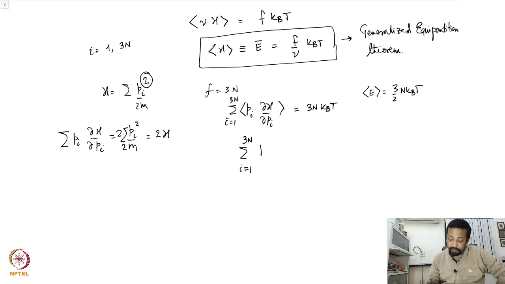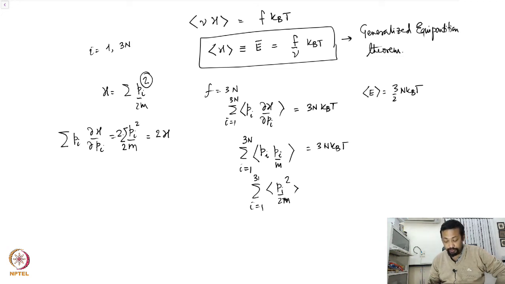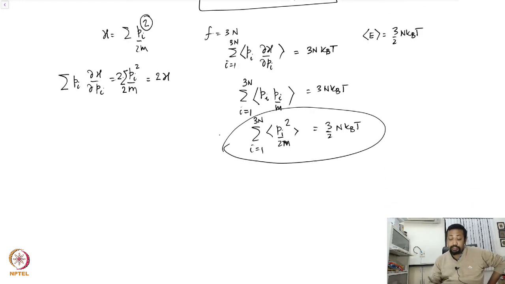More explicitly, if this is pi over m, the average is 3n kBT, or the average of pi squared over 2m, sum over i equal to 1 to 3n, is going to be 3/2 nkBT. So the total kinetic energy of the system, which in this case is also the total energy of the system, is 3/2 nkBT, and this immediately follows from the equipartition theorem.